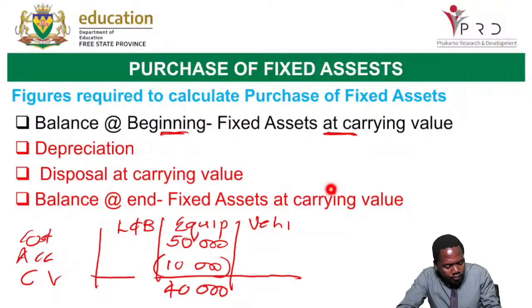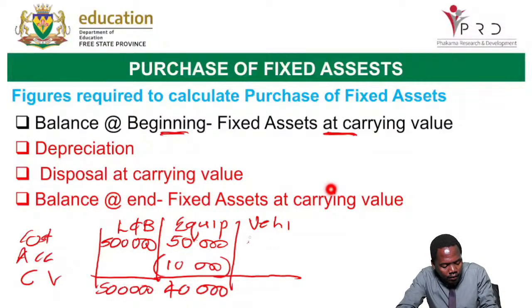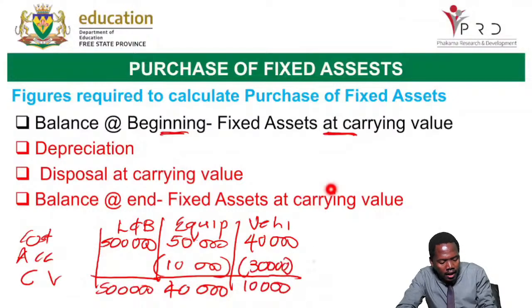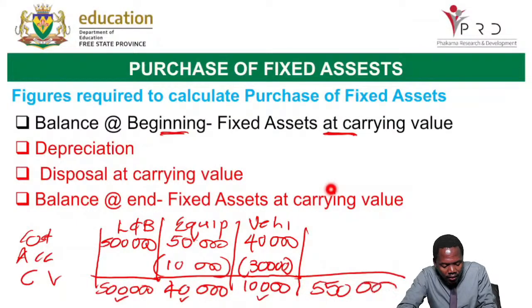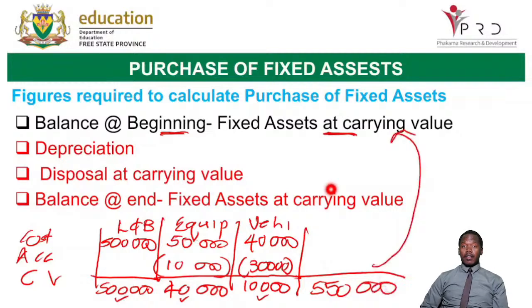If here it's 500,000, then the answer there will be 500,000 for vehicles. Let's say I have my 40,000 and my 30,000. This will become 10,000. Now, what do I mean by a balance at current value? It is the 500,000 plus the 40,000 plus the 10,000, meaning this 550,000 becomes my fixed asset at current value.